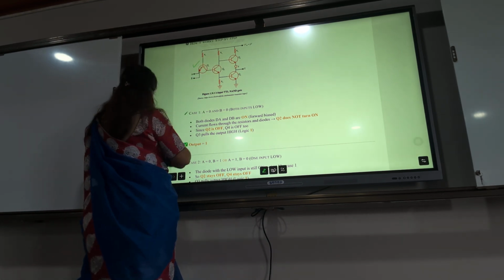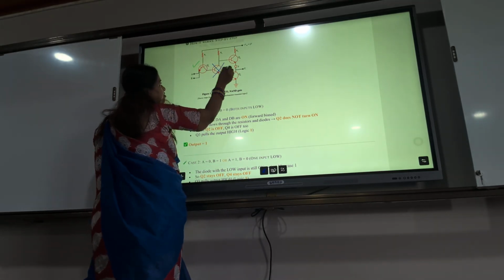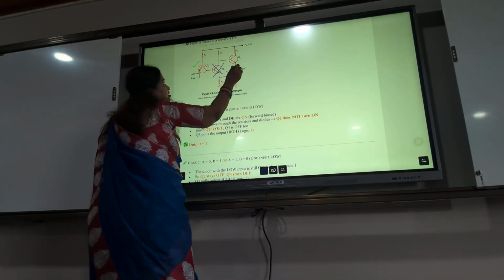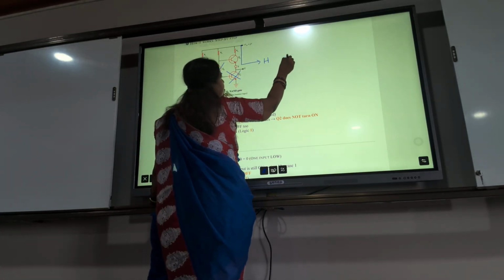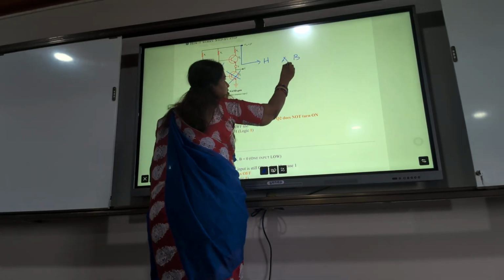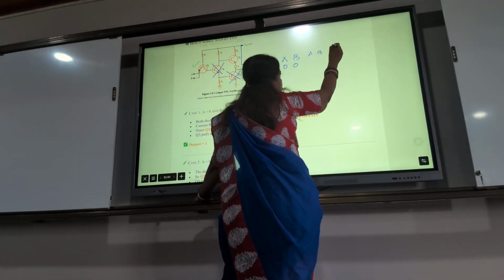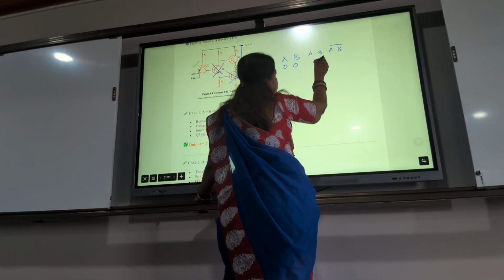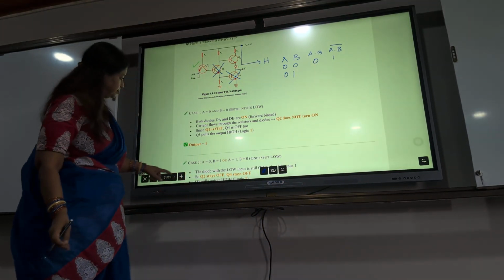This is on, this is off, this is off. So the output is 1. For A equal to 0, B equal to 0, the output is A dot B the whole bar. So what will be A dot B? 0. Now coming to 0, 1.